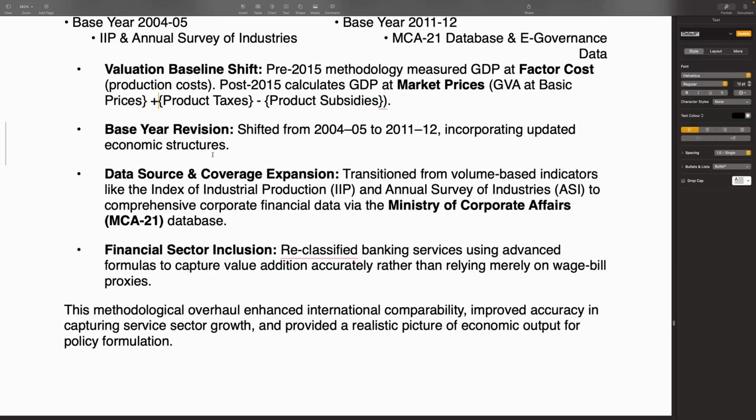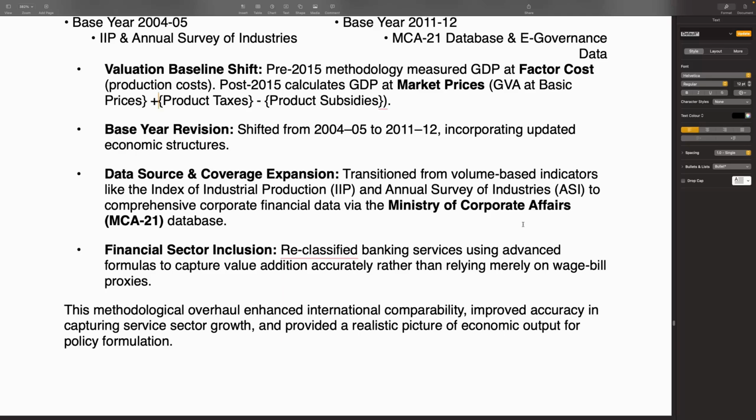Base year revision shifted from 2004-05 to 2011-12, incorporating updated economic structures. Data source and coverage expansion: transitioned from volume-based indicators like the Index of Industrial Production, IIP, and Annual Survey of Industries, ASI, to comprehensive corporate financial data via the Ministry of Corporate Affairs MCA 21 database.